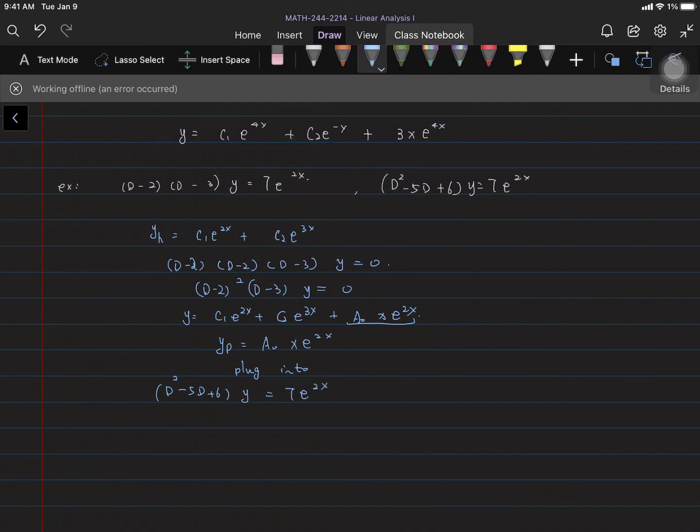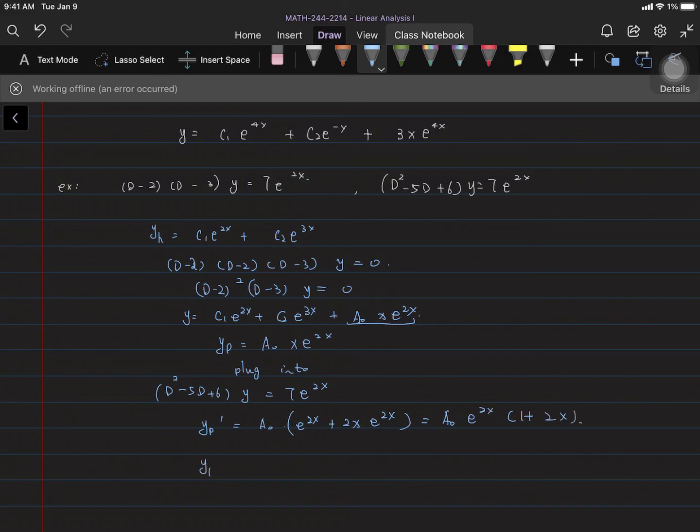Same thing here. First derivative: a naught e to the 2x plus x times 2 e to the 2x, which is a naught e to the 2x, 1 plus 2x.